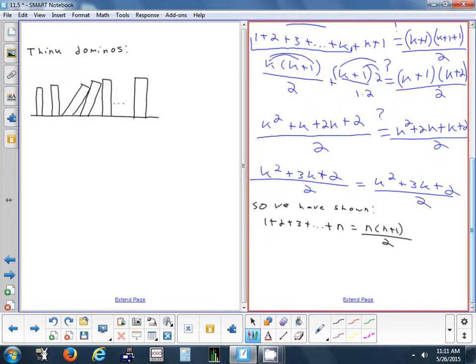Okay, that's the idea of inductive proof. And that's as simple as I can make it. There's nothing I can do to make it any easier. Any questions on what we did there?